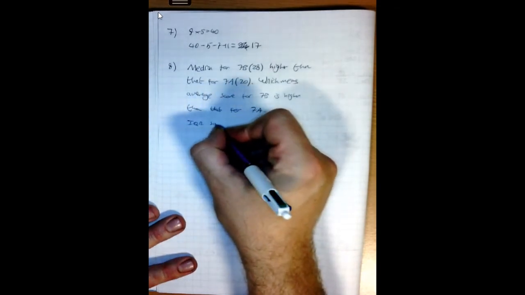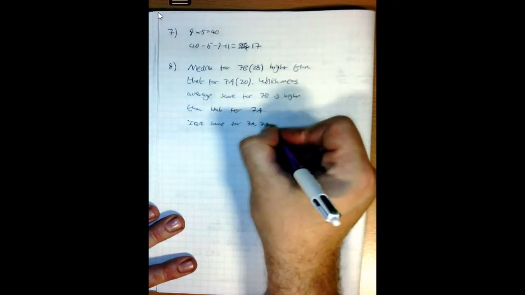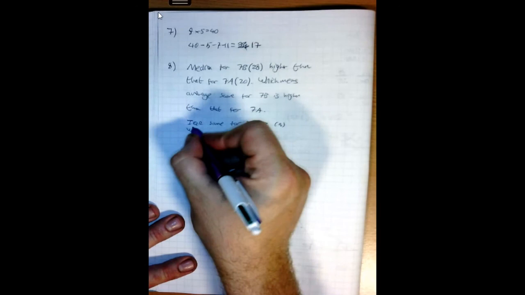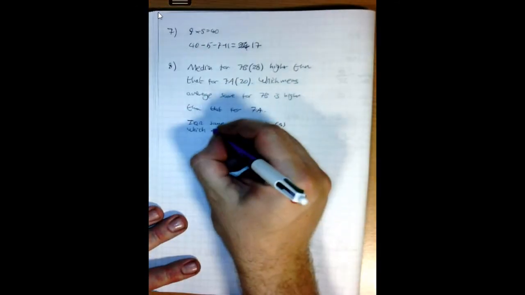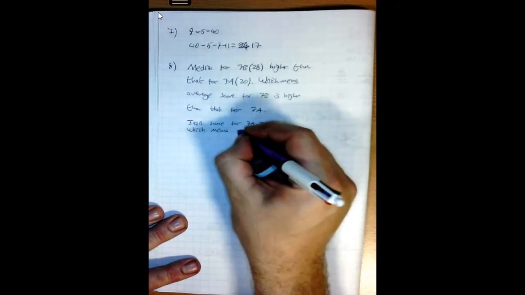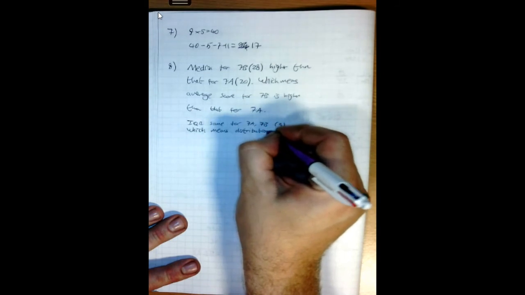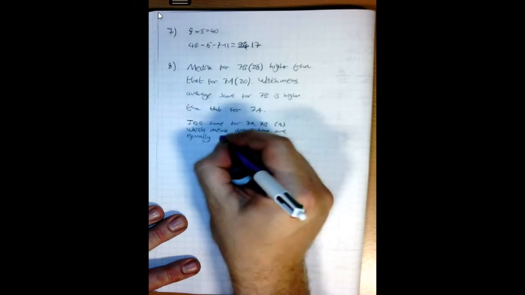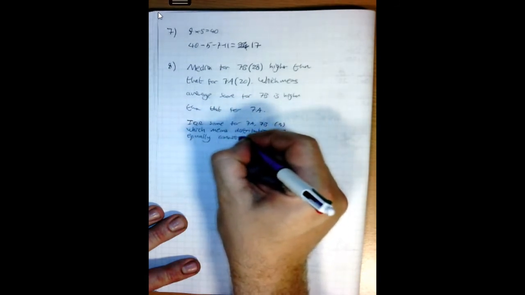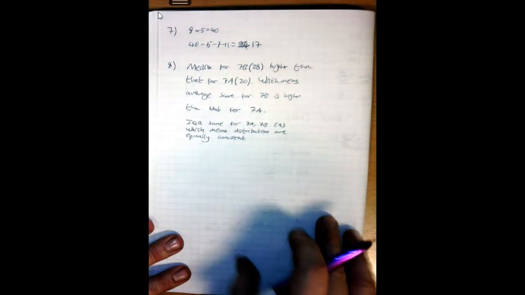So the interquartile range is the same for 7a and 7b. It's 9, which means the spread of data or the consistency is the same, which means the distributions are equally consistent. Or I could say the data was equally spread out.